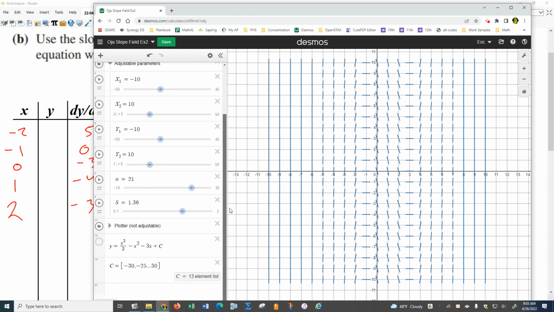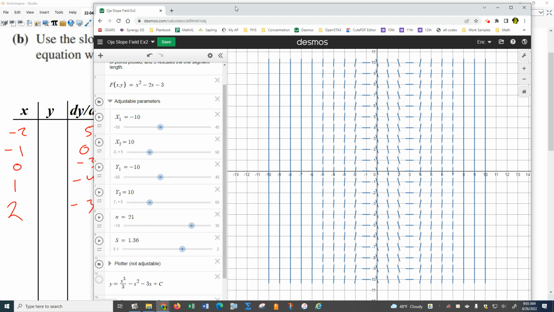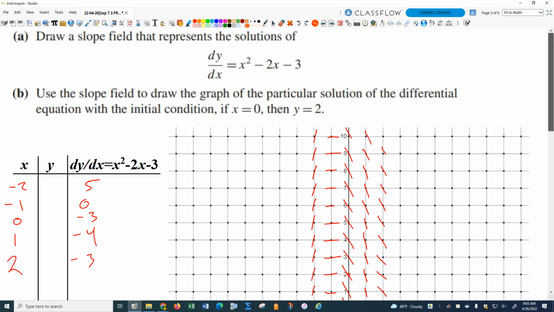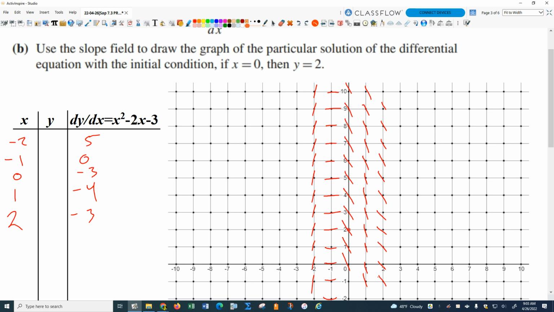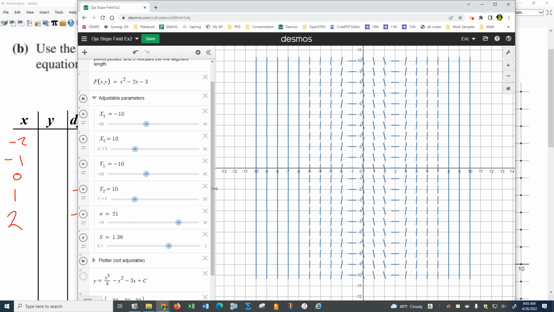They wanted us to plot a trajectory through the point 0, 2, right? We've got this family of curves that match this slope field. They want us to do two things. They want us to sketch the family of curves. Okay, well, what are those going to look like?